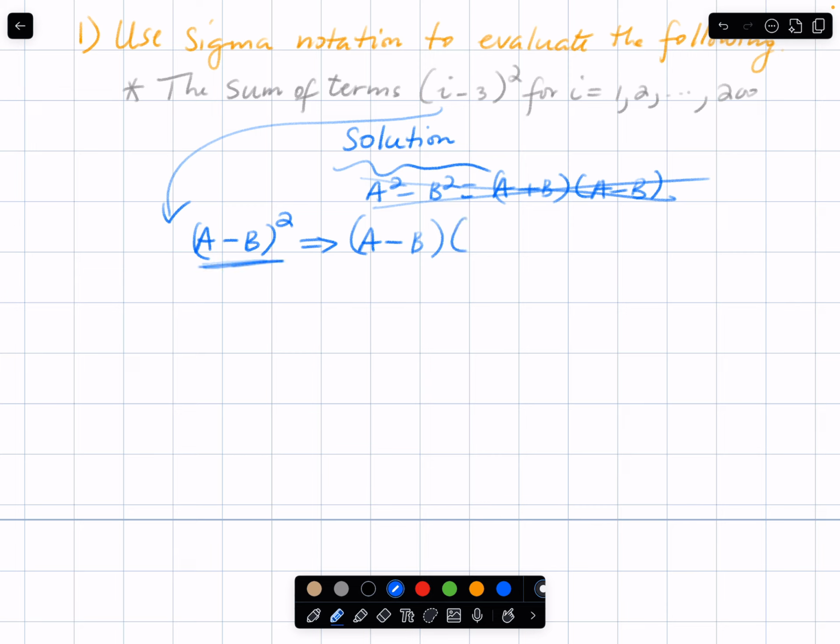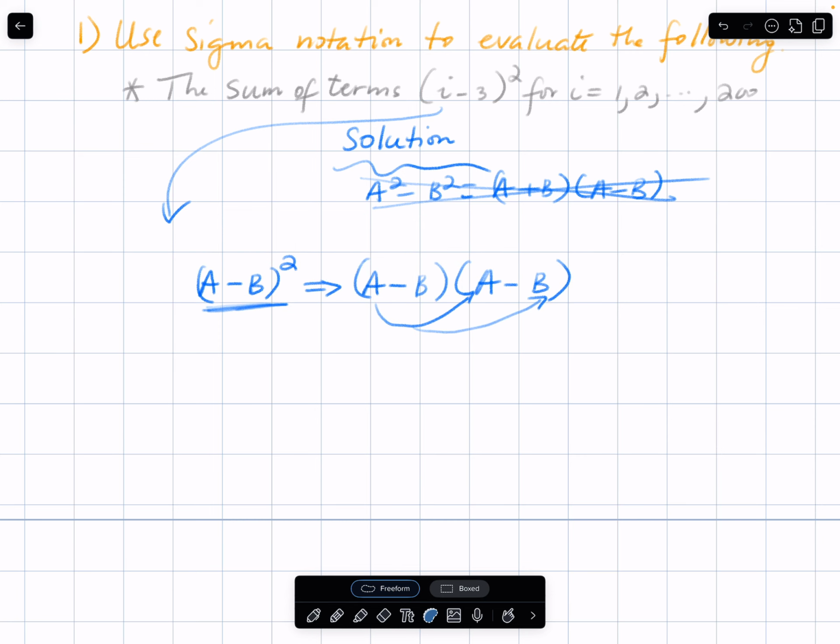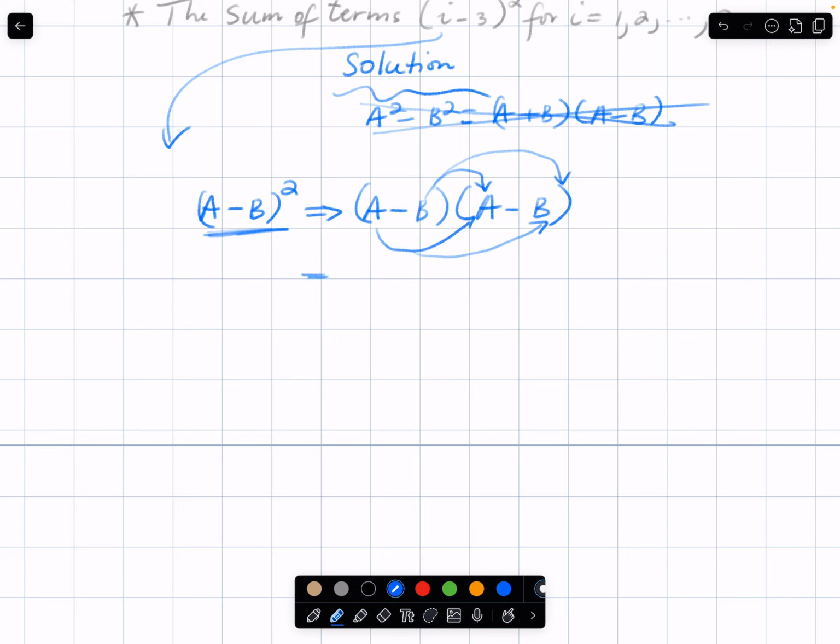All right, so a minus b again, and then you use the method of foiling, right? Hopefully you're paying attention in your algebra class. If not, oh well, you see what I'm doing. I'm just foiling. So this will be a squared, multiplying this with that one, and then minus ab, then minus ab plus b squared.